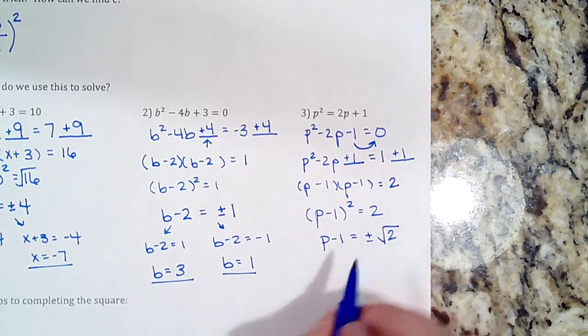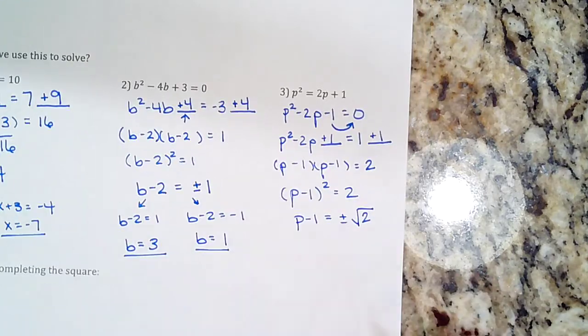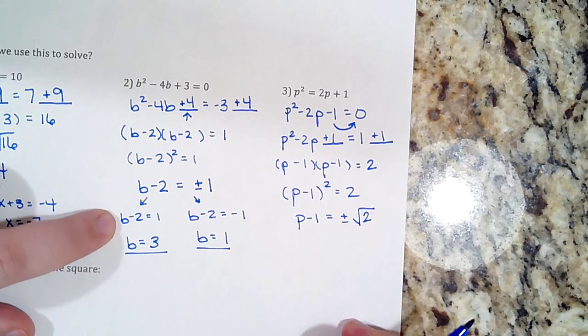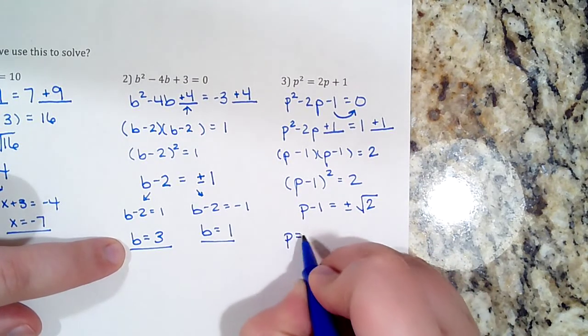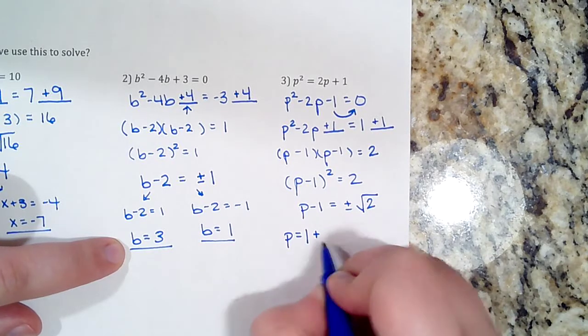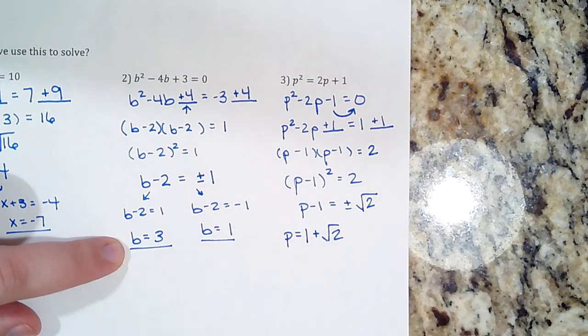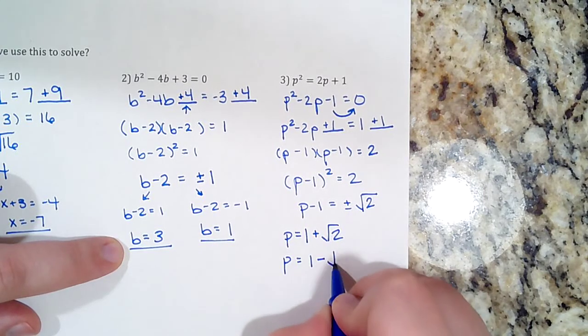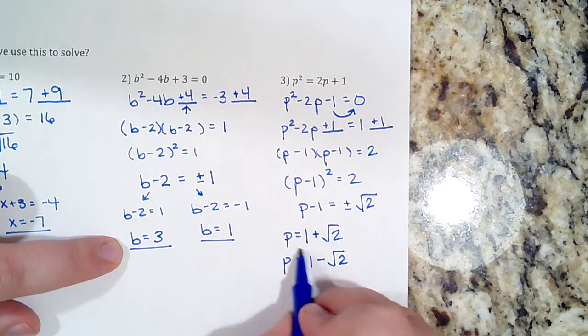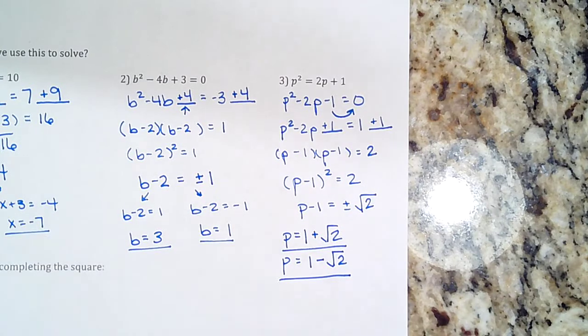And we finish it up. I'm actually going to skip this step in this problem, so this is the step I'm skipping, and I'm going right down here. So I know that p equals positive 1 plus root 2, and I know that p equals positive 1 minus root 2. So those are my two final answers.